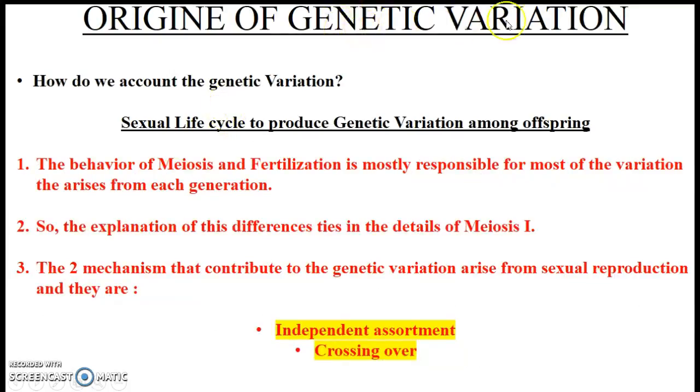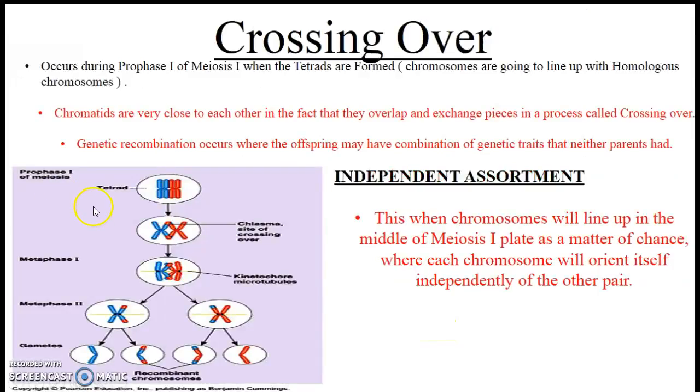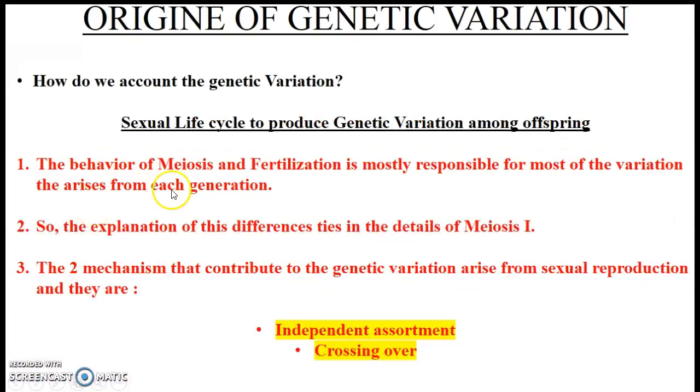Origin of genetic variation: how do we account for genetic variation? The sexual life cycle produces genetic variation among offspring. The behavior of chromosomes in meiosis and fertilization is mostly responsible for most of the variation that arises in each generation.